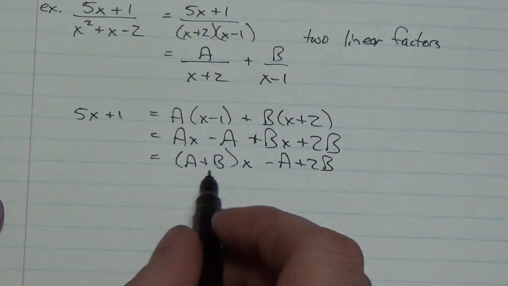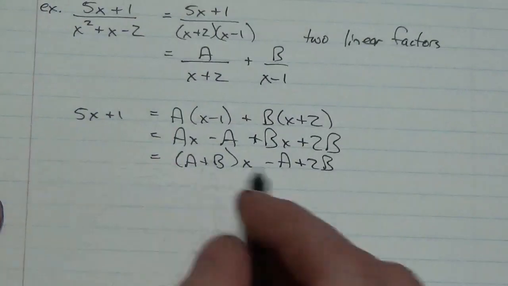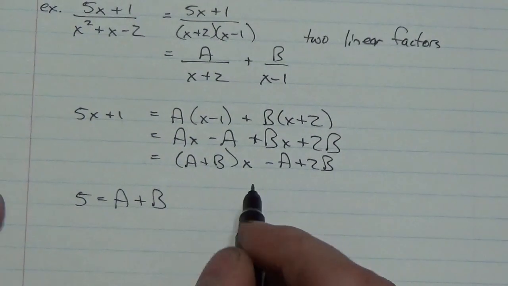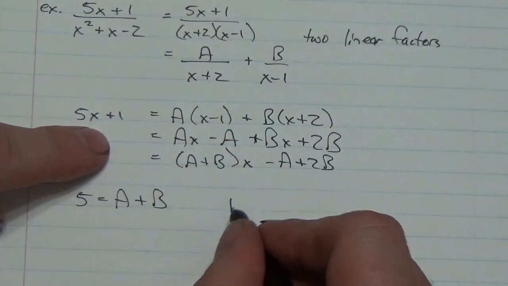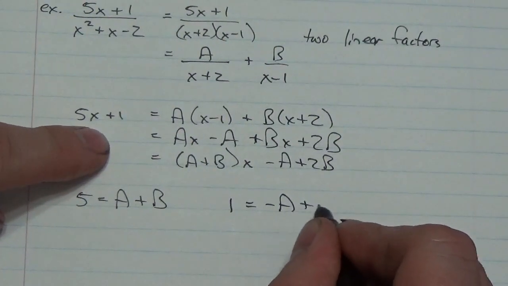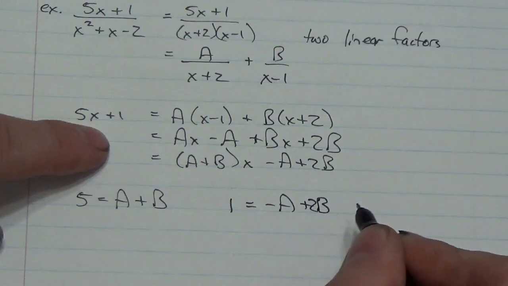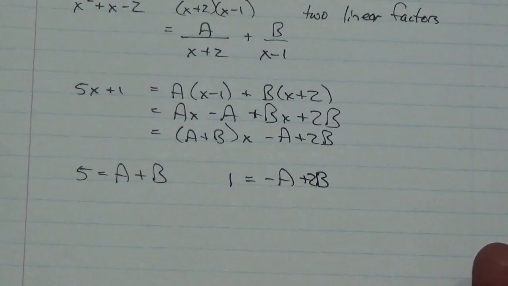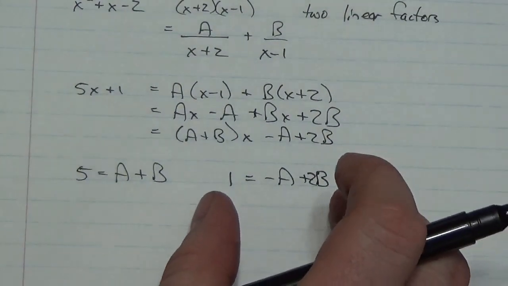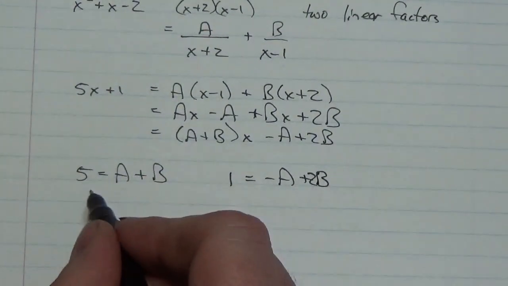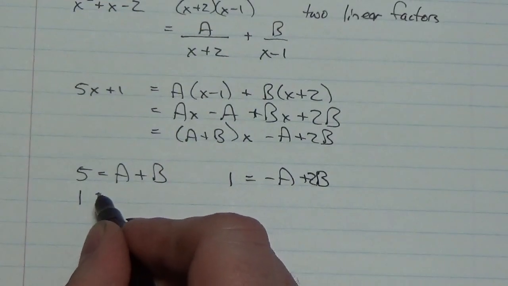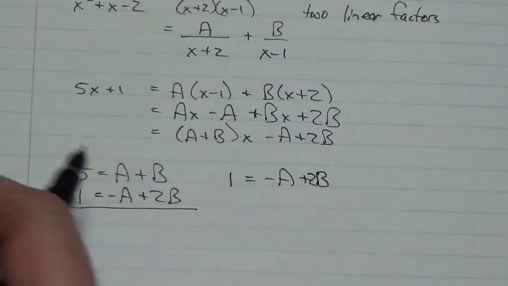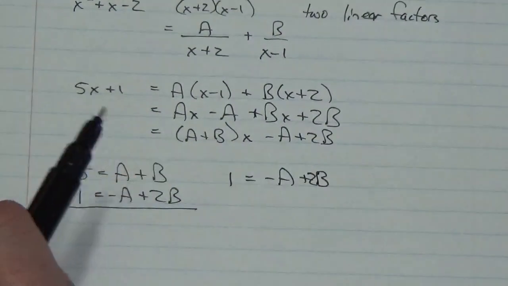Now, that means that the linear factors here have to be the same. So 5 is going to equal A plus B. And at the same time, my constant, 1, has got to equal negative A plus 2B. And now I've got a system of equations in two variables. And, well, I can solve that. For example, I can take this and put this underneath here, making 1 equal to negative A plus 2B, and I can add those two together.